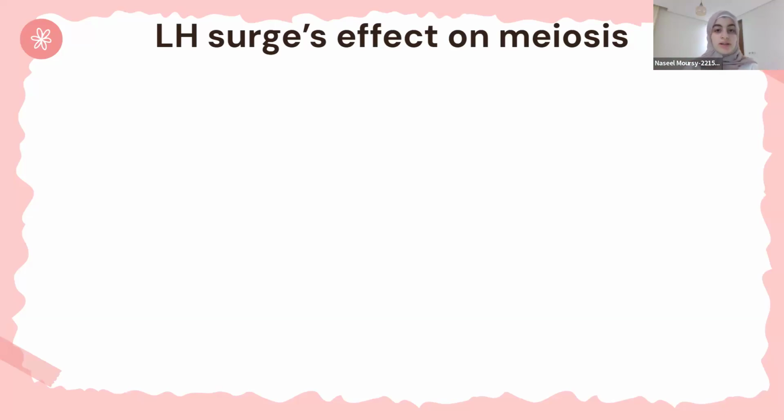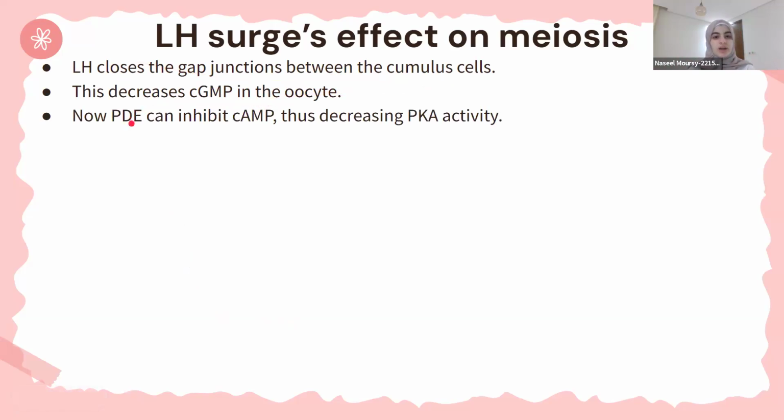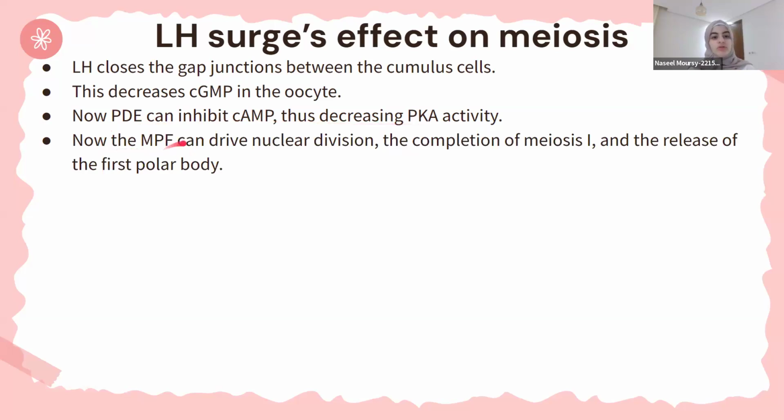And if phosphodiesterase works, it breaks down cyclic AMP, it decreases the activity of PKA, and so you don't get phosphorylation of the cyclin and cyclin-dependent kinases, so they can bind now, and then meiosis can go on. So LH closes the gap junctions between the cumulus cells. This decreases cyclic GMP in the oocytes. Now phosphodiesterase can inhibit cyclic AMP and thus decrease PKA activity. Now the mitotic promotion factor can drive nuclear division, the completion of meiosis 1, and the release of the first polar body.